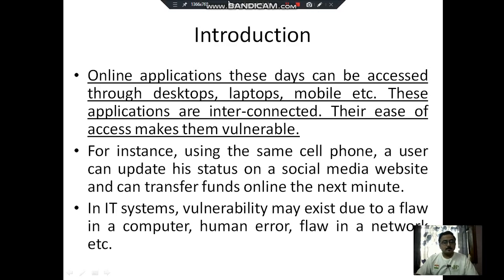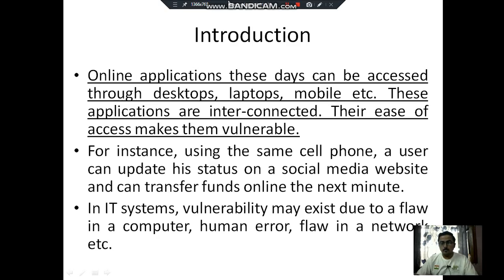Online applications these days can be accessed through desktops, laptops, mobiles, etc. These applications are interconnected. Thus, the ease of access makes them vulnerable.